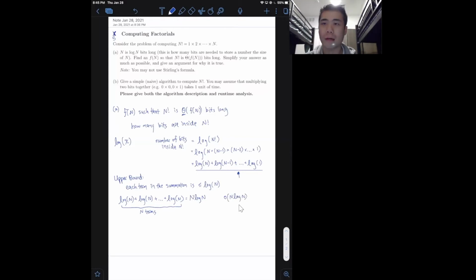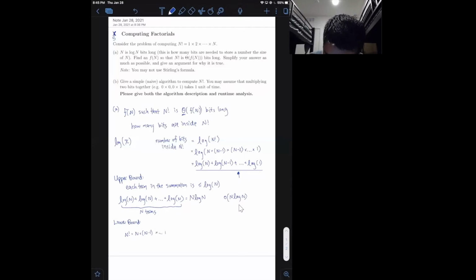So now that we have an upper bound, let's try to derive a lower bound. There are multiple ways I can go about deriving a lower bound, but one possible option is this. We know n factorial is equal to n times n minus 1 all the way to 1.